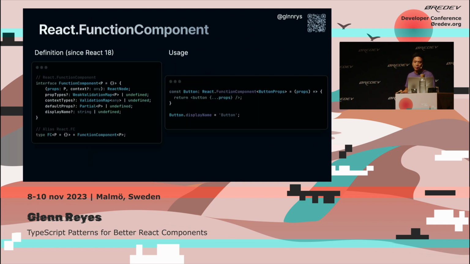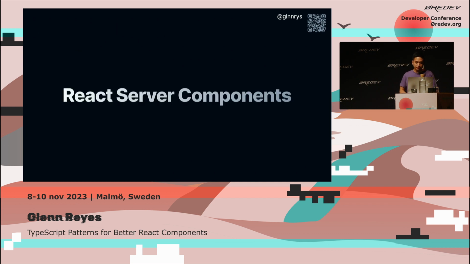So here is an example of how you can use that. For example, if you want to attach a displayName, that can be useful if you have an anonymous function that doesn't really have a name, and you want to look it up in the React DevTools, where it will show up with a proper name, or if you want to debug with some third-party library, that's super useful.